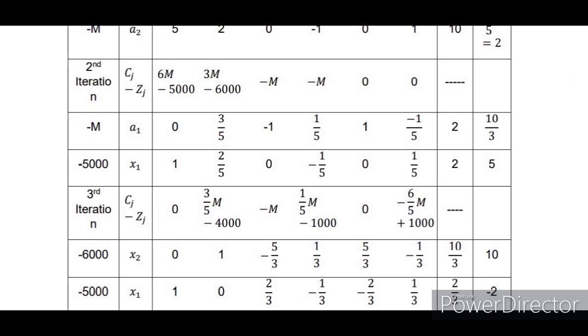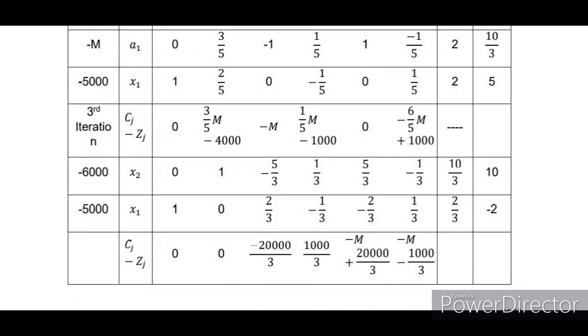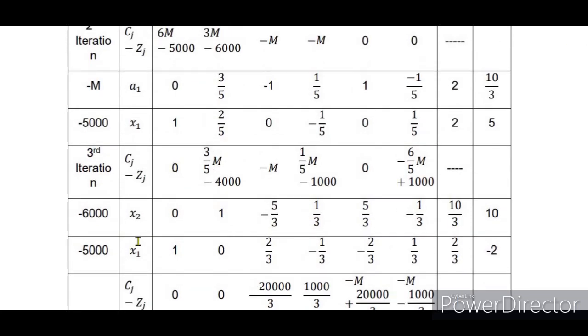As you notice, as we go to our third iteration, a sub 1 is replaced by x sub 2. Okay, and to rewrite the pivot row, which is a sub 1 in terms of x sub 2, we will just divide all the elements from the previous row in the second iteration, previous a sub 1, with the pivot element.